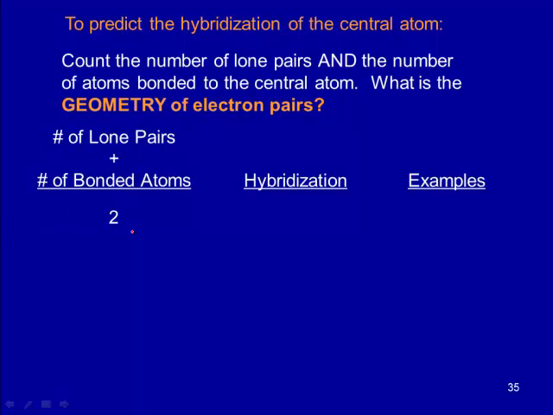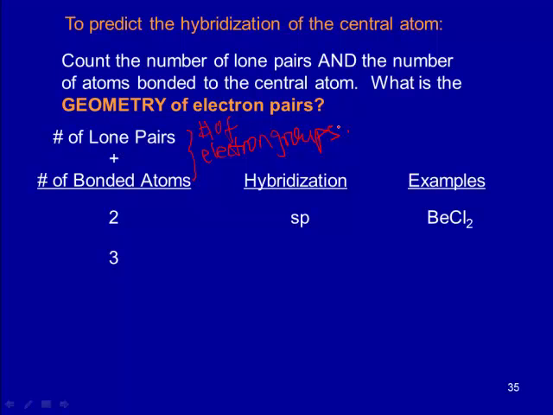So the number of lone pairs plus the number of bonded atoms is essentially the number of electron groups. Okay, and hybridization will be sp, with examples like beryllium chloride.